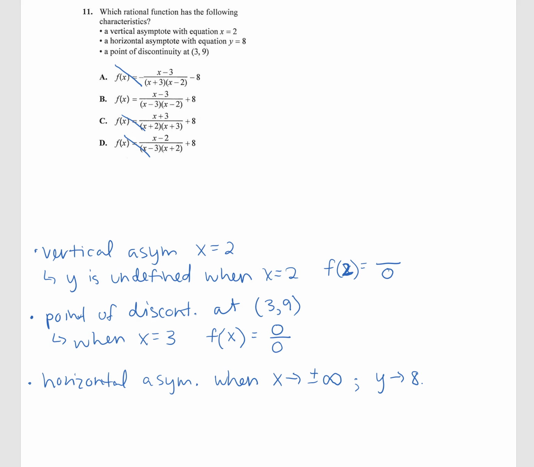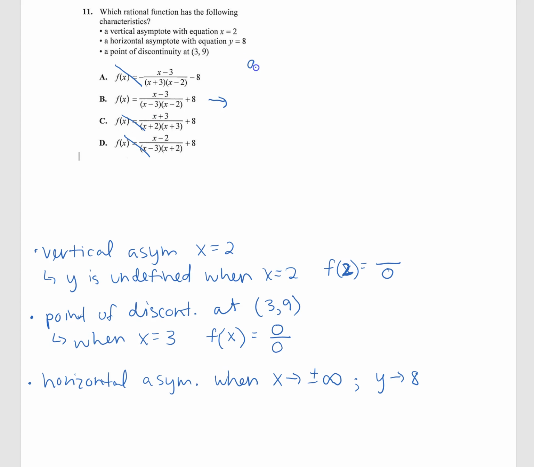And so what we can do to see if this function has a horizontal asymptote at y equals 8 is basically to plug in infinity for x and see what happens. So do that over here.